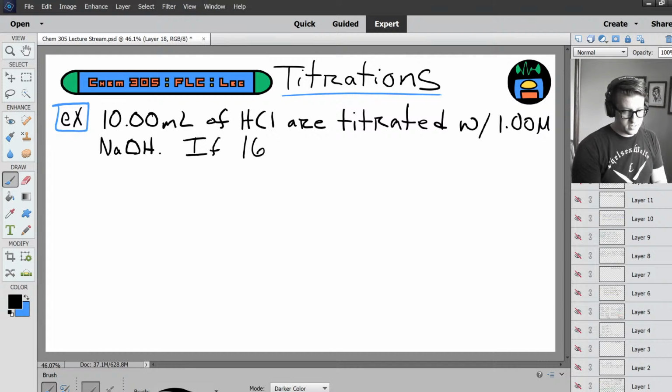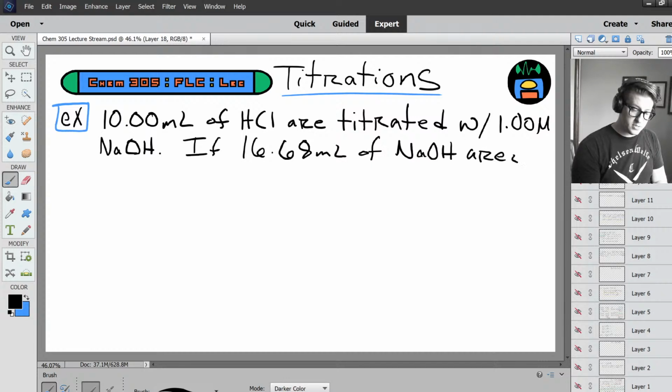If 16.68 milliliters of sodium hydroxide are used, what is the molarity of HCl?